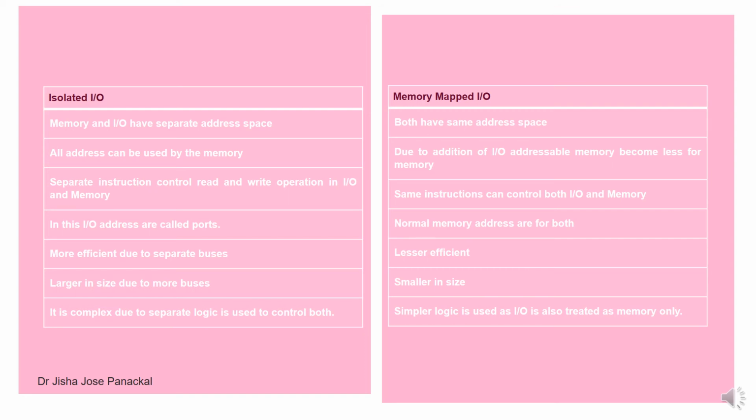Isolated IO is larger in size due to more buses, but memory mapped IO will have a small size. And isolated IO is complex due to separate logic that is used to control both, but memory mapped IO has simpler logic, as IO is also treated as memory only.